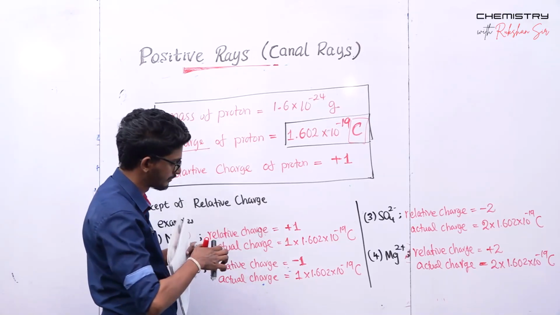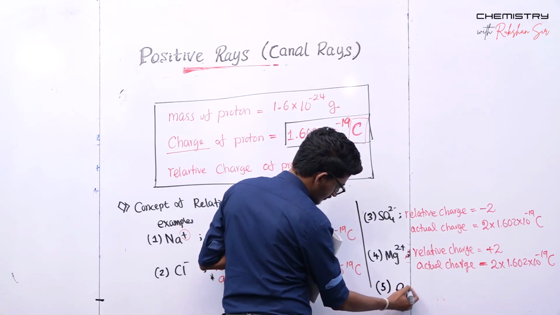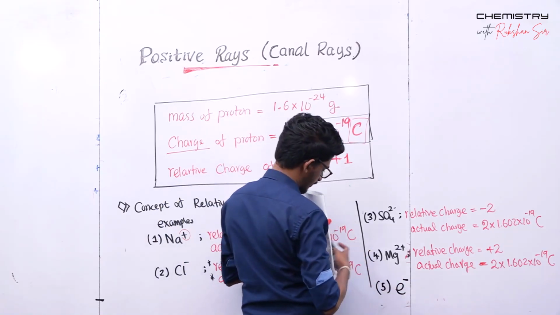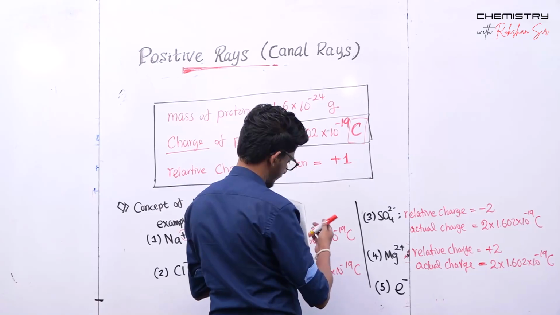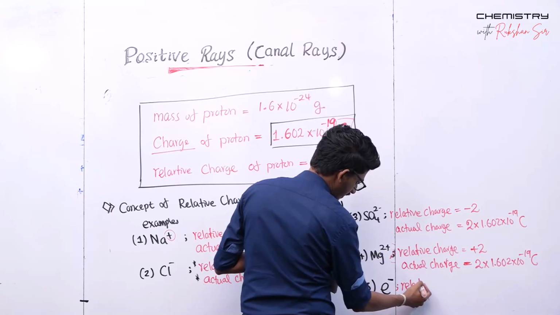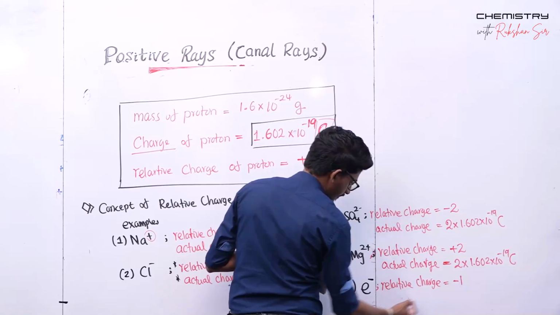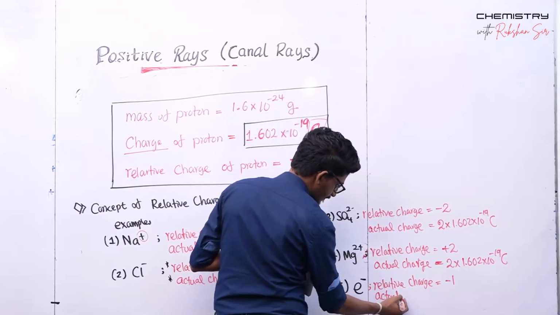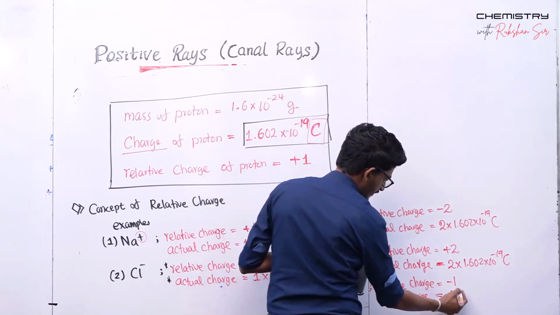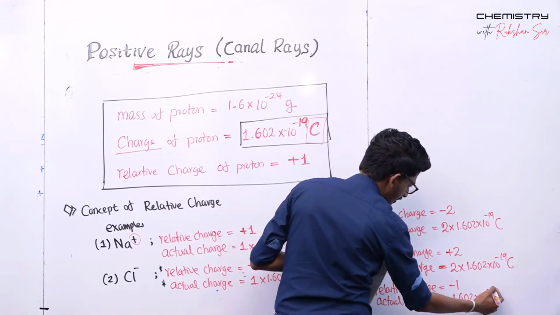So what about the electron? Electron can be written like this, e minus. For the electron, the relative charge is minus 1 and the actual charge is 1 into 1.602 into the power minus 19 coulombs.